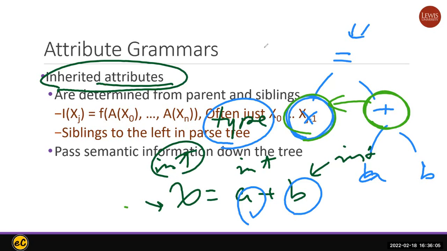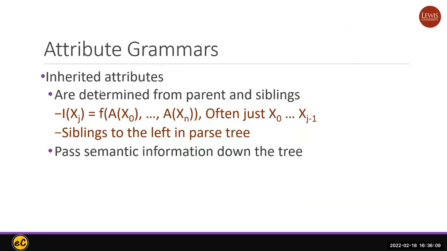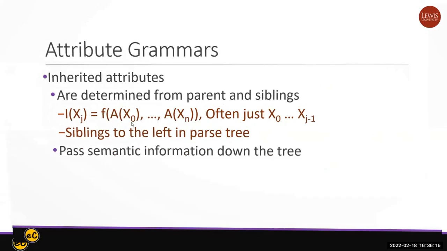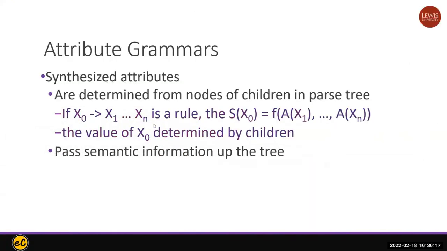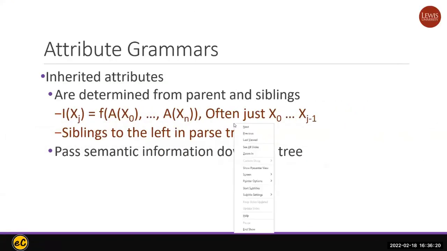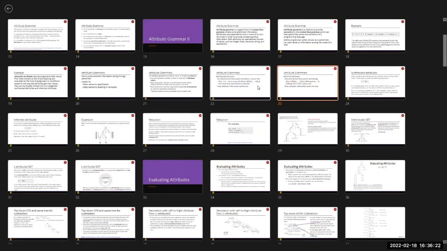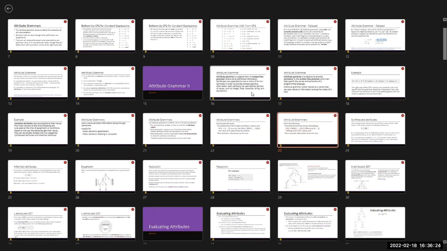So basically the type is one example of an inherited attribute. So this is an I-type attribute. So you have S-type attributes and I-type attributes, the two types of attribute that we talk about here.